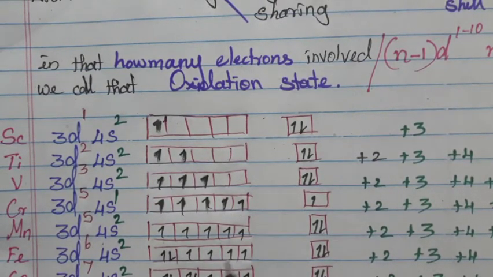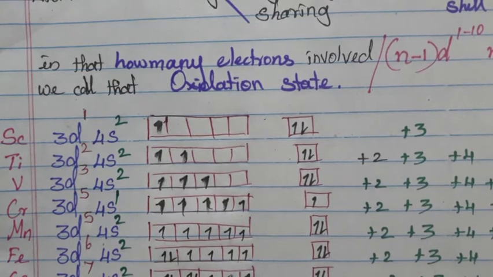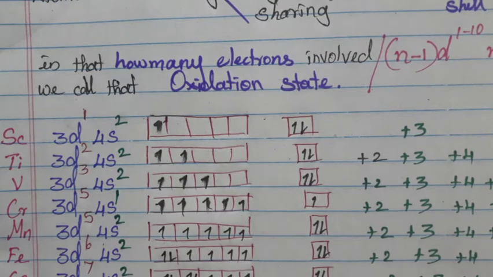But here in transition elements, these shall also be involved. The reason is the energy gap between the d shell and the s shell is very less. That is why here we have various oxidation states.